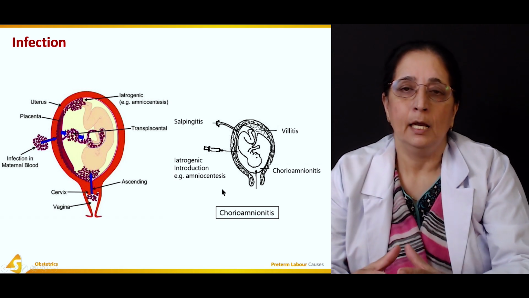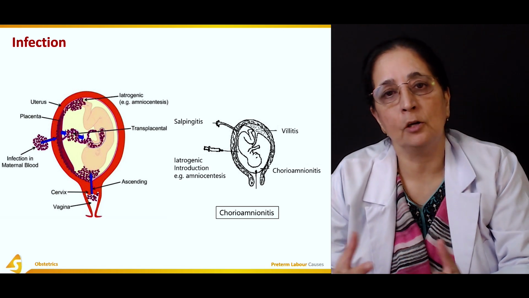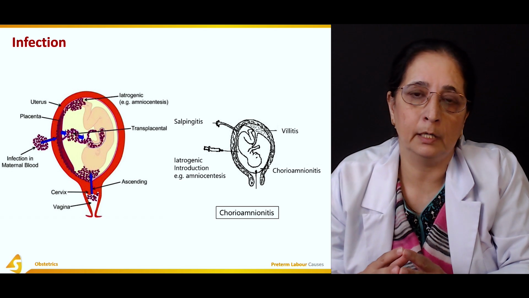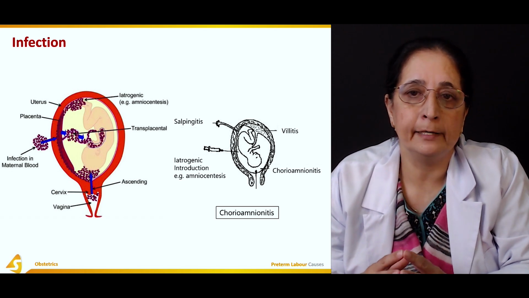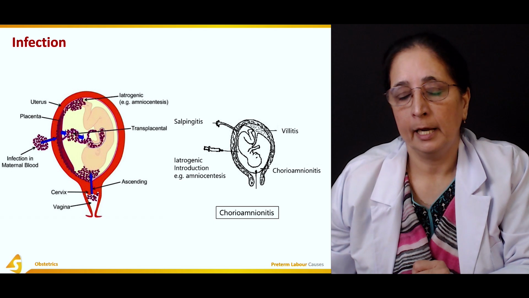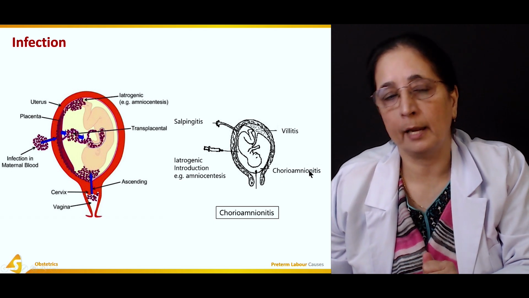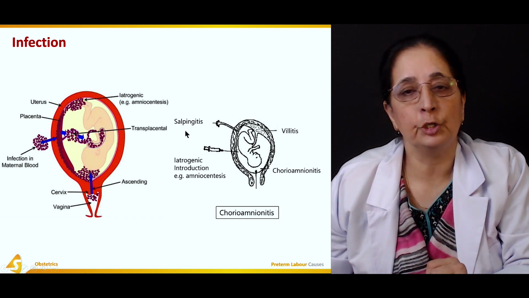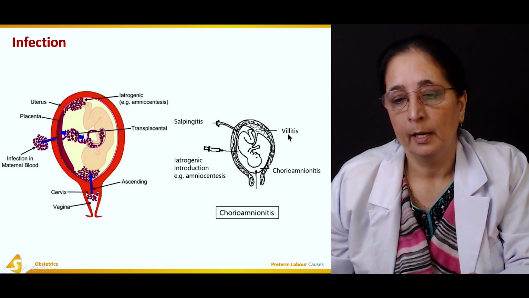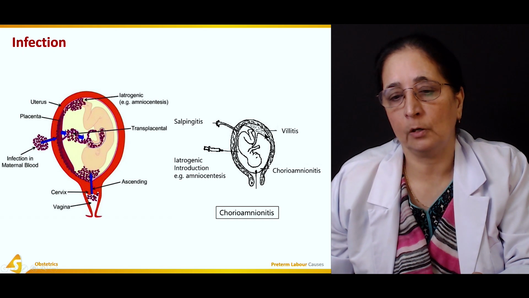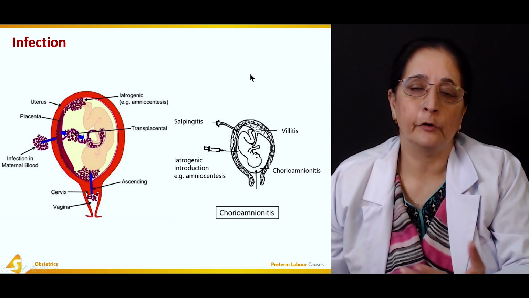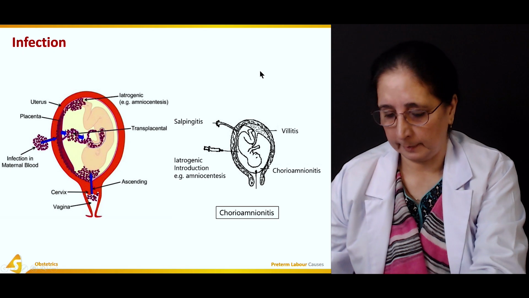If complete aseptic techniques are not used, then iatrogenic infection can occur, in which we have chorioamnionitis, salpingitis, which is infection of the fallopian tube, villitis, infection of the villi, and all these different infections can progress or lead to preterm labor.